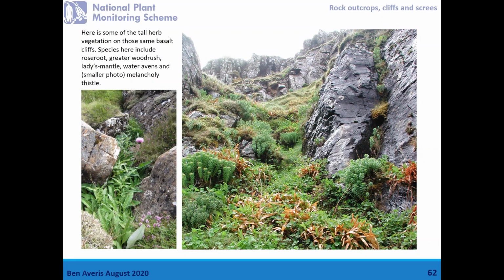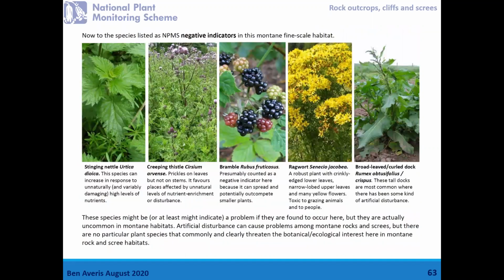So we're almost at the end, and because we're not far off midday, the 2 hours session. So the next page has negative indicators in the montane fine-scale habitat. And the first three overlap with what we had in the non-montane one, and they're there for the same reasons. And the ones on the right, ragwort is a negative indicator in a number of other NPMS habitats.